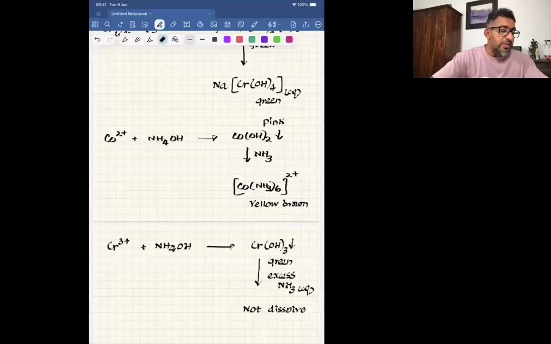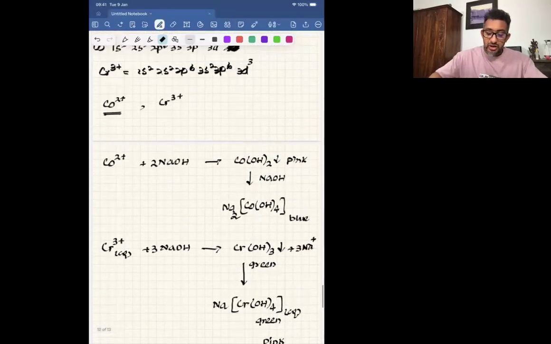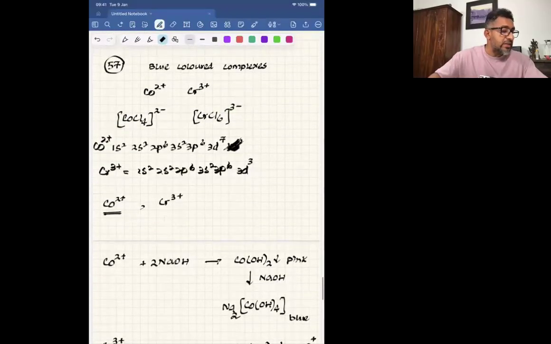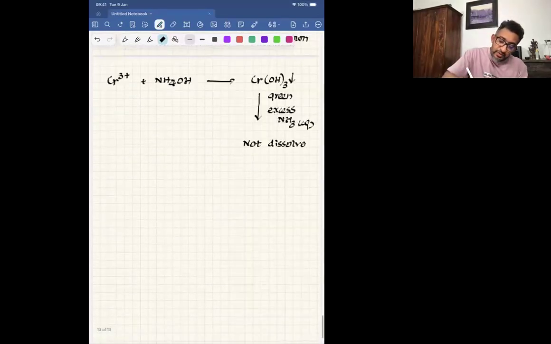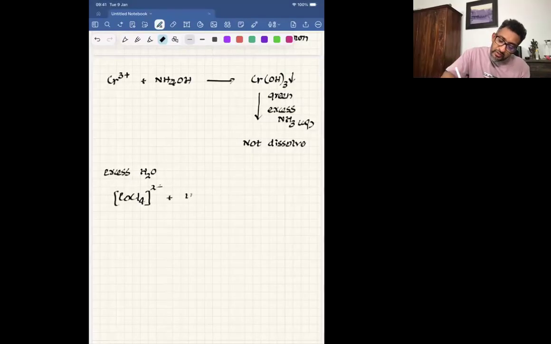Write the formula of the chemical species responsible for the blue color of M. I have given it earlier. CoCl4 2 minus, CrCl6 3 minus. Write the observations and the reason when excess water was added to the chemical species of the blue color of M. So if you add excess water, what will happen is, CoCl4 2 minus, when you add water, it acts as a ligand.